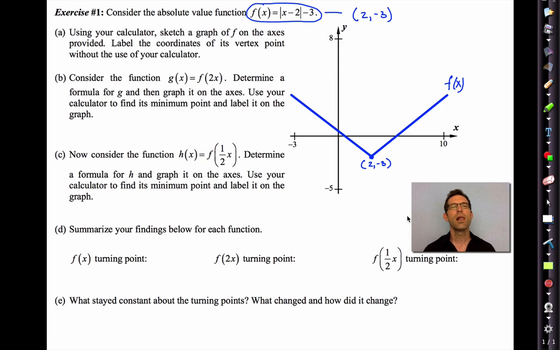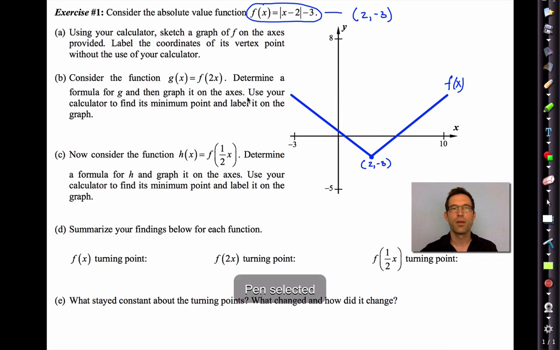Letter B. Consider the function g of x equals f of 2x. Determine a formula for g, then graph it on the axes. Use your calculator to find its minimum point and label it on the graph. Let's find the formula together, because this is a little bit weird when you see something like this. I'm going to do it in red, because that's how my calculator is going to graph the next function.